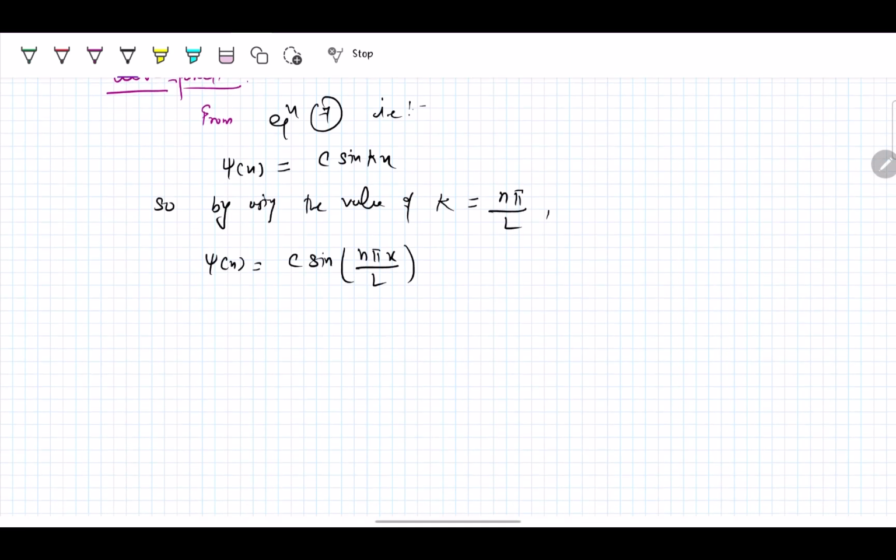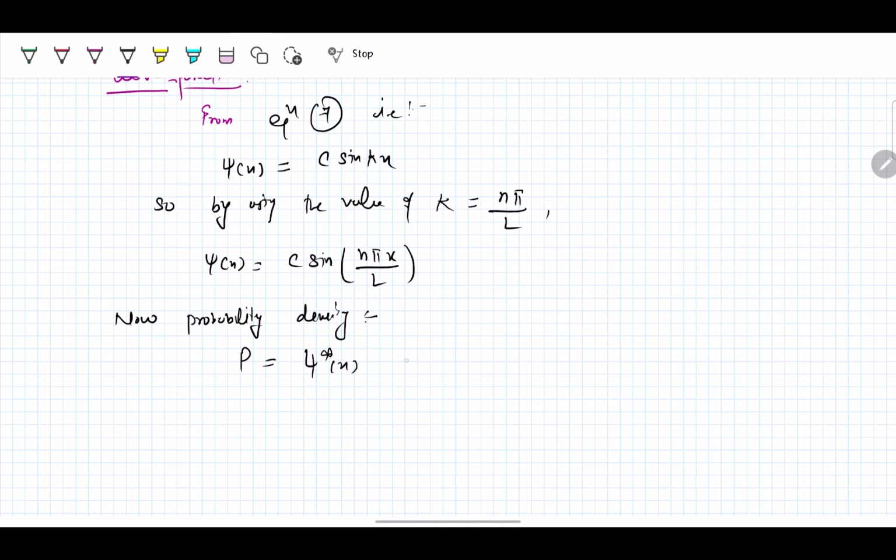Now we have already defined in previous lectures that probability density, let's say we represent it with p, is always psi star psi.